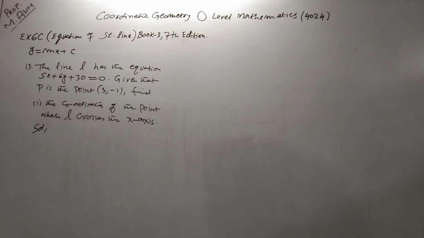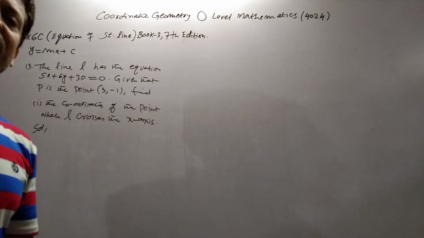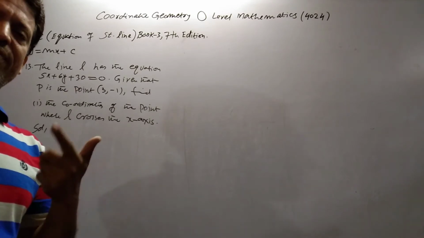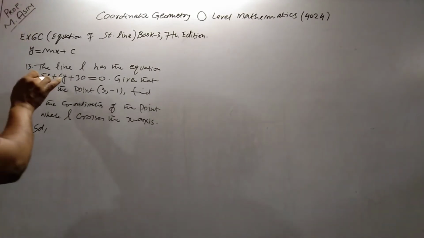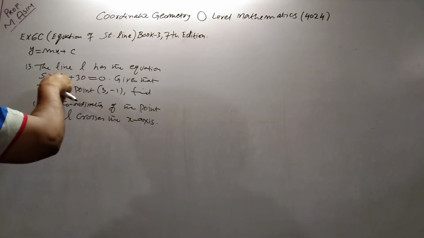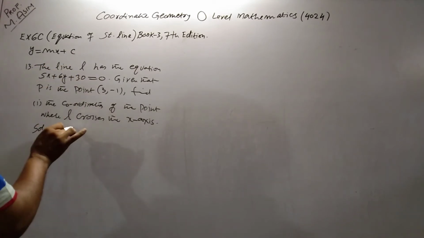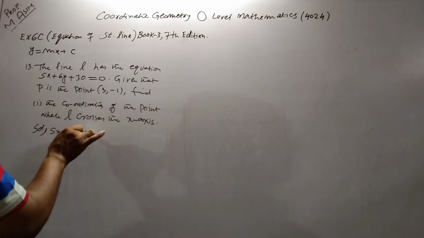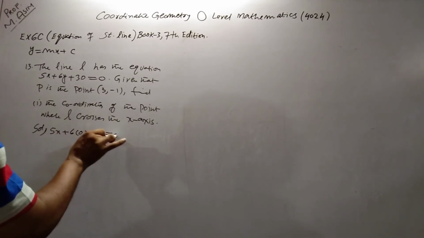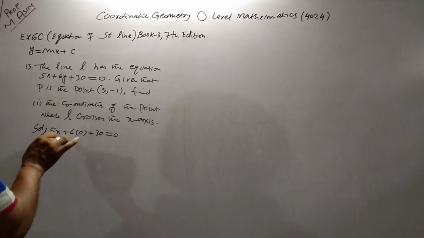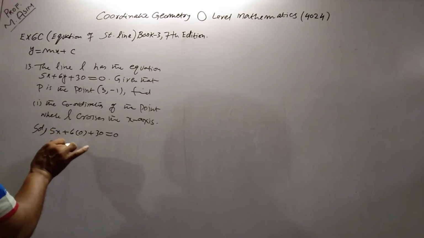Very easy part. If this line L crosses the x-axis, therefore the value of y must be 0. Therefore, we just put y is 0 in the equation. 5x plus 6 into 0 plus 30 is equal to 0. 5x, 6 zeros are 0.